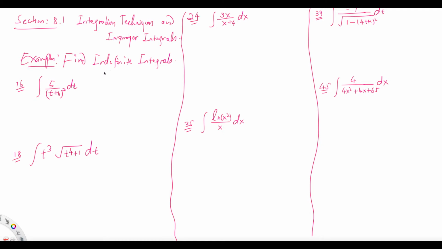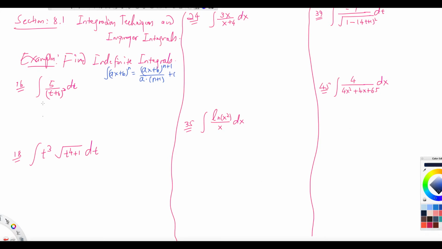You can use the formula directly: the integral of ax plus b to the n is ax plus b to the n plus 1 over a times n plus 1, plus c. Or, if you want to, you can set t plus 6 equals u. You can do it that way too.